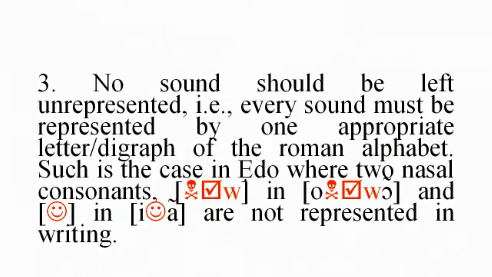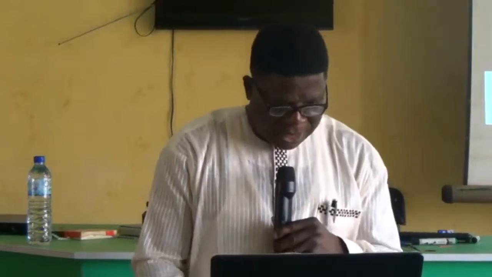Rule 3, no sound should be left unrepresented. That is, every sound must be represented by one appropriate letter or digraph of the Roman alphabet. Such is the case currently in the Edo language. There are 5 nasal vowels, isn't it?